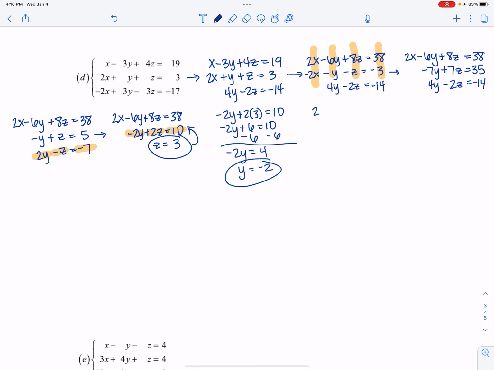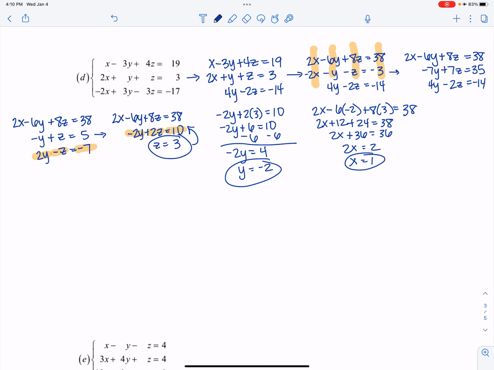So we have 2x minus 6 times negative 2 plus 8 times 3, and that equals 38. So we have 2x plus 12 plus 24 equals 38. So 2x plus 36 equals 38. 2x equals 2. X equals 1.